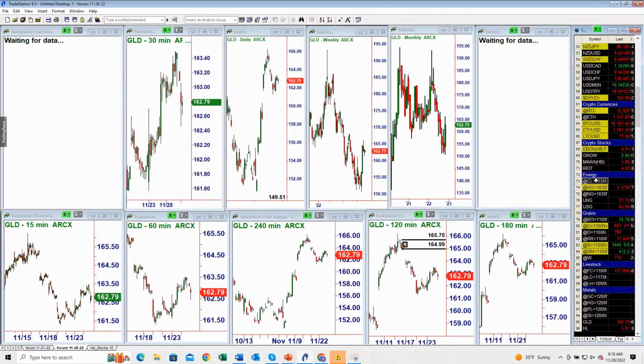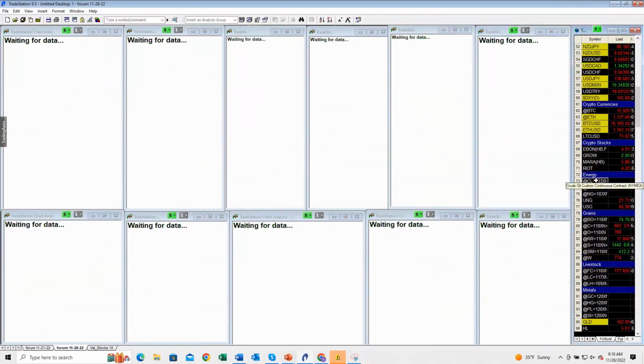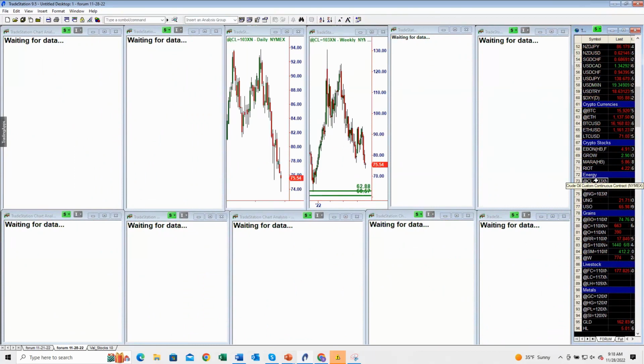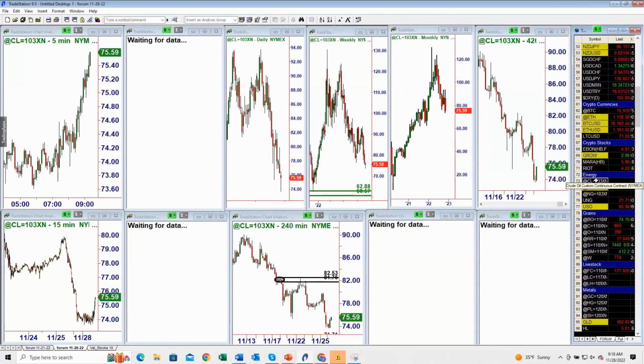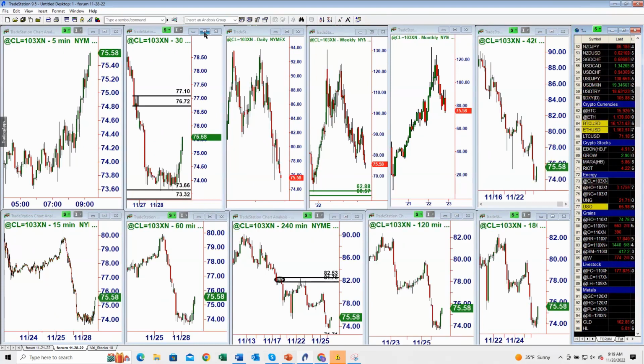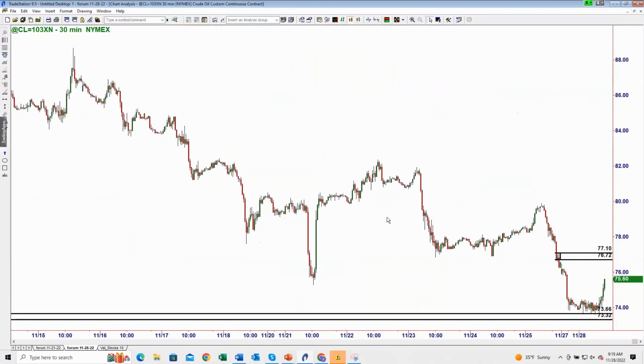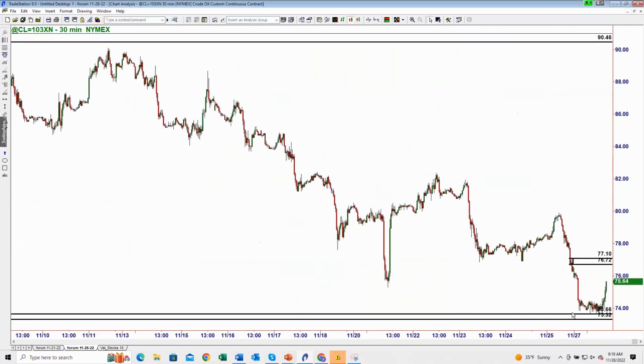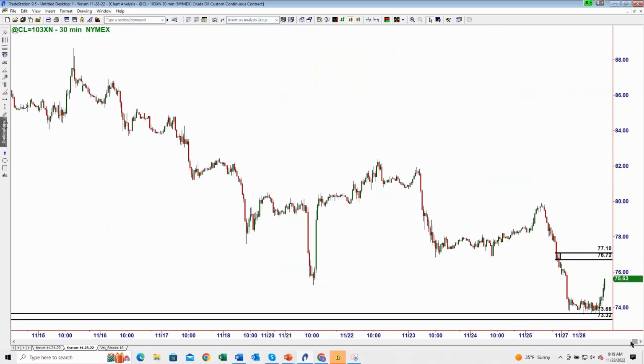Next, let's go to oil. We were just going over these charts with our membership community earlier this morning, and we noticed that oil was starting to bounce right off of our demand zone down there.